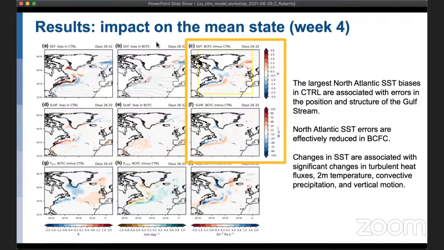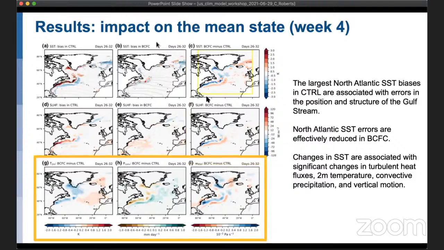And here you can see the difference between the two experiments, with the yellow box in the top right indicating the domain of the SST bias correction. And these differences in the SSTs and the fluxes also impact 2 meter temperature, convective precipitation, and also the vertical motion, with the warmer SSTs associated with more precipitation and more vertical motion.